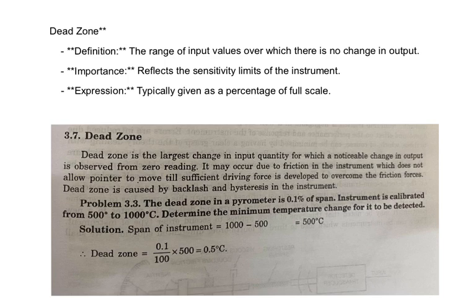These are the static characteristics, and the question on static characteristics will be asked for 10 marks, where you need to explain all these things in a paragraph. The problems will be on dead zone, sensitivity, and error. These are the three problems which you need to remember.